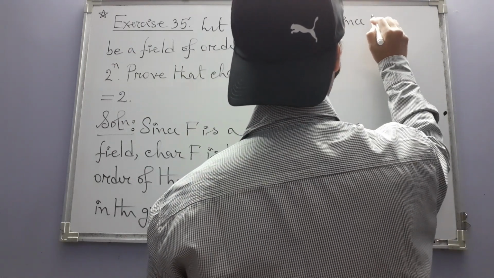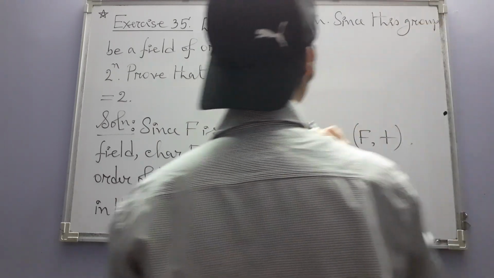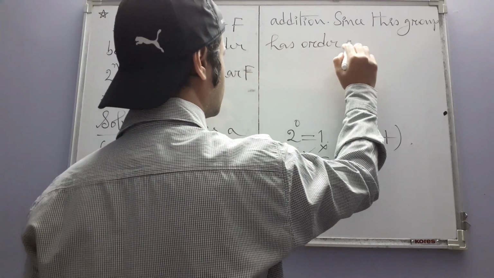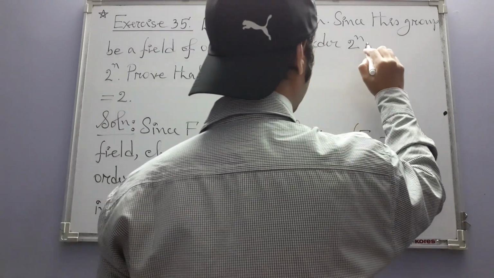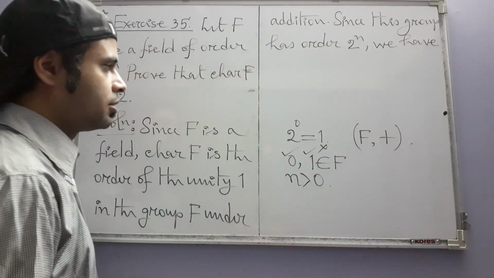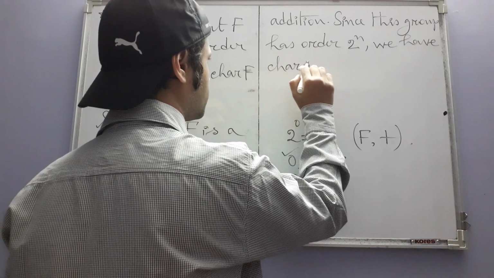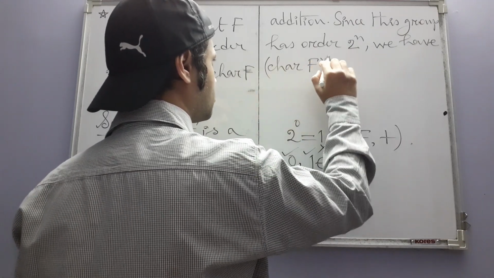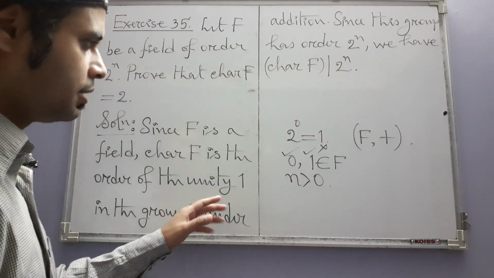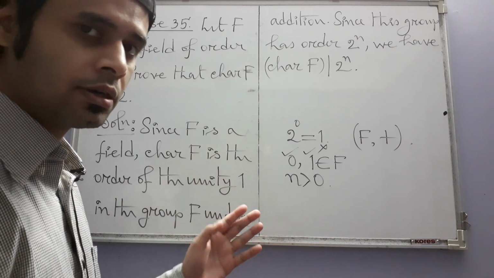Since this group has order 2 to the power n, we have by one of the corollaries to Lagrange's theorem that this thing divides 2 to the power n. It is that corollary which tells us that if we are in a finite group, then the order of any element in the group should divide the order of the group.